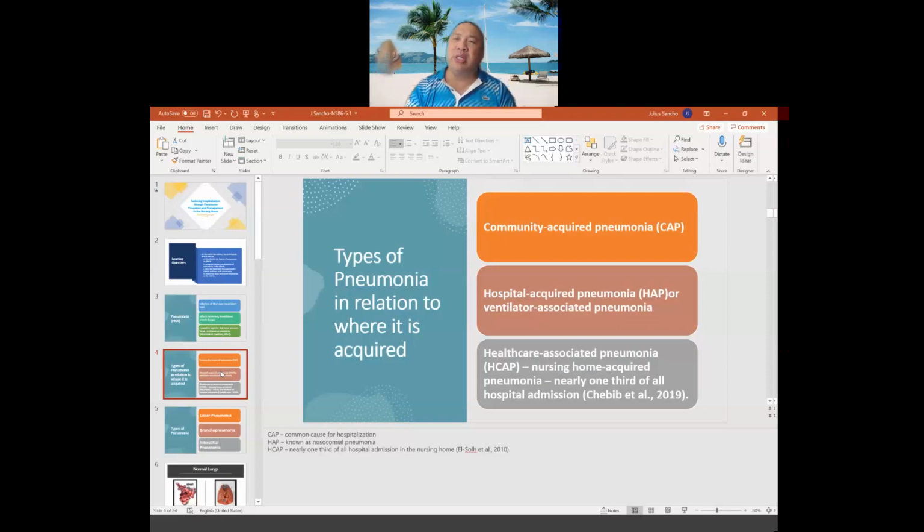When the pneumonia occurs in the nursing home, then it is known as healthcare associated pneumonia or nursing home acquired pneumonia. The nursing home acquired pneumonia causes nearly one third of all hospital admissions in the nursing homes.